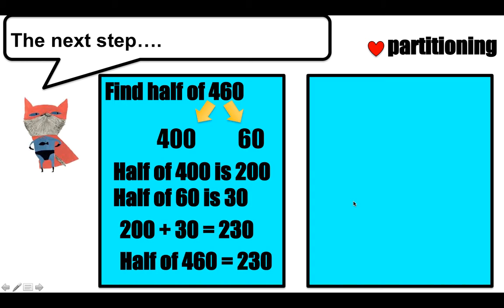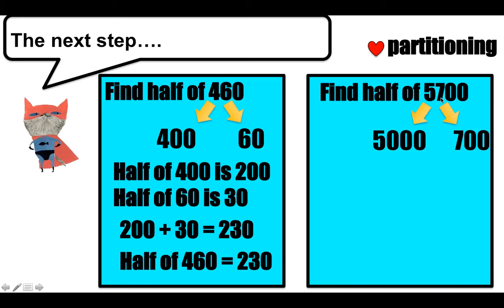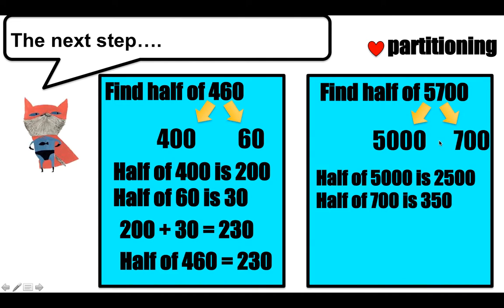Let's have a look at another example. Find half of 5,700. In this case, I can partition this number again. 5,700 becomes 5,000 and 700. Half of 5,000 is 2,500, and half of 700 is 350.